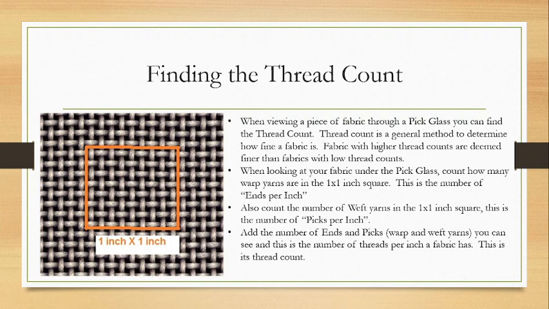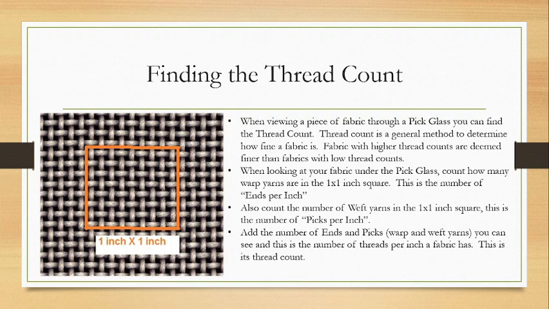Let's do it. 1, 2, 3, 4, 5, 6, 7, 8, 9. So there are 9 what we call ends per inch, or EPI. Again, that's how many warp yarns are in a 1 by 1 inch square of the fabric.